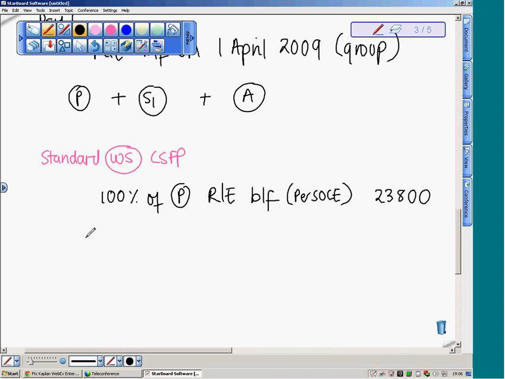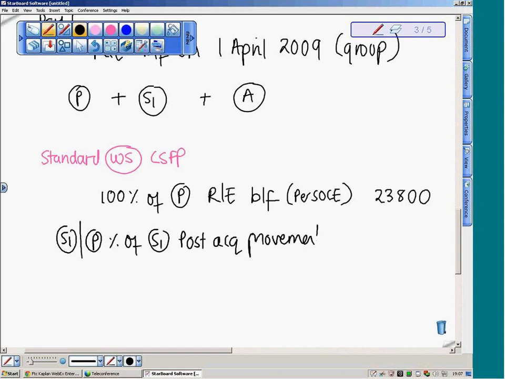What we then want is, for subsidiary 1, percentage of post-acquisition movement. Okay, remember that we consolidate retained earnings. We are interested in adding the parent percentage of the subsidiary's post-acquisition movement.